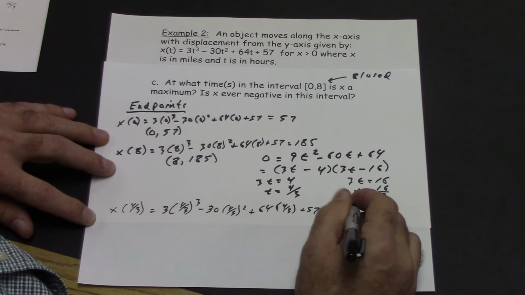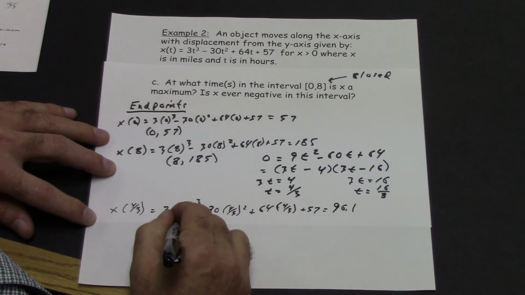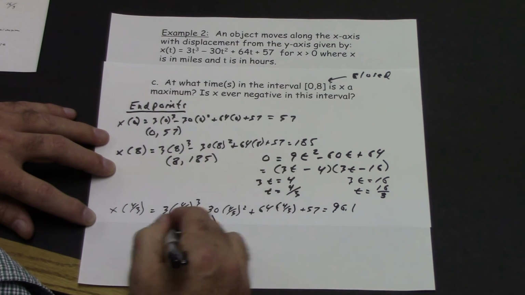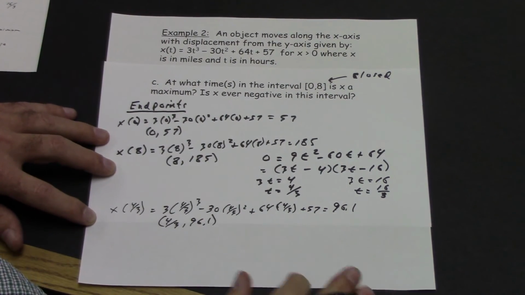Now this time we end up with 96.1. Now I'll just give us the decimal here, so 96.1. And still 185 is our biggest value, all right?